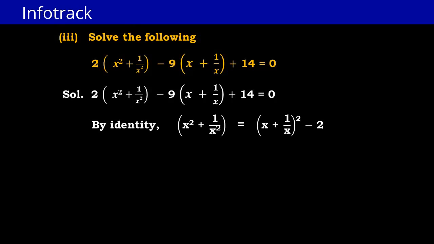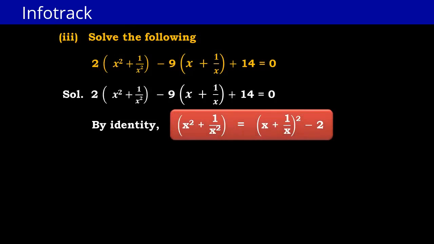x square plus 1 upon x square is equal to x plus 1 upon x the whole square minus 2. So in place of x square plus 1 upon x square, we can substitute this value in the given equation.